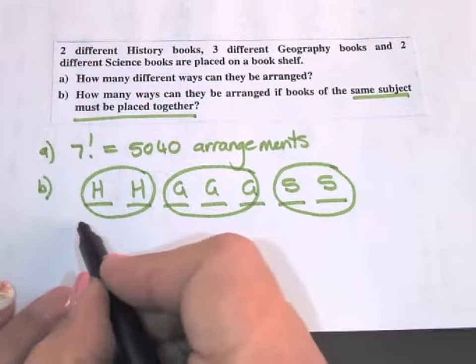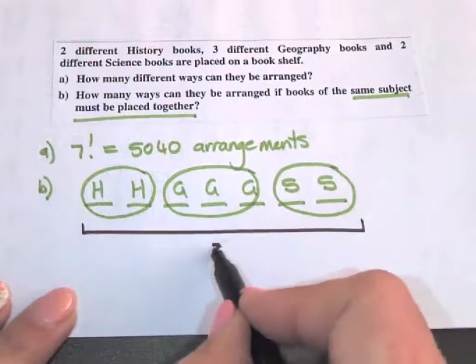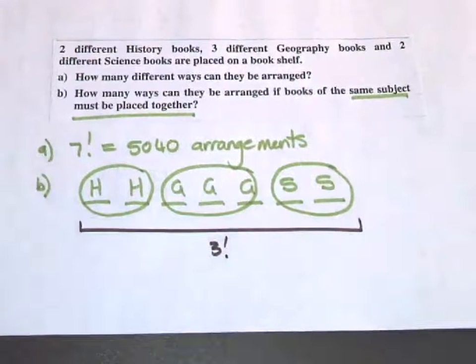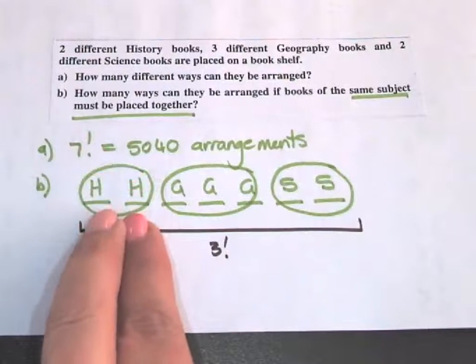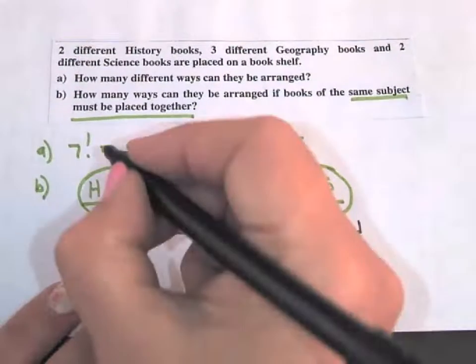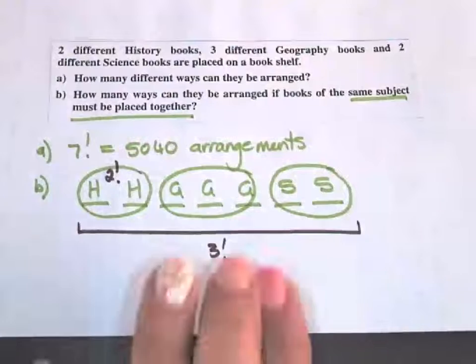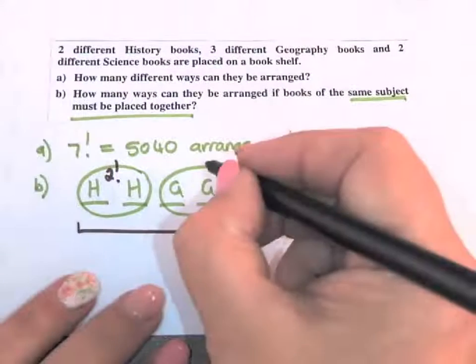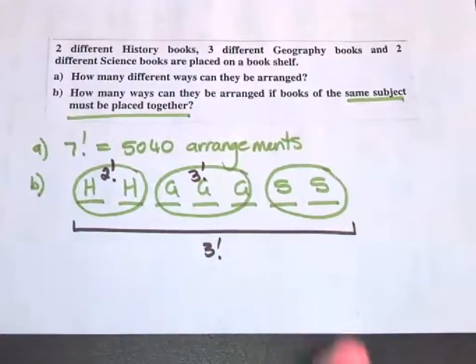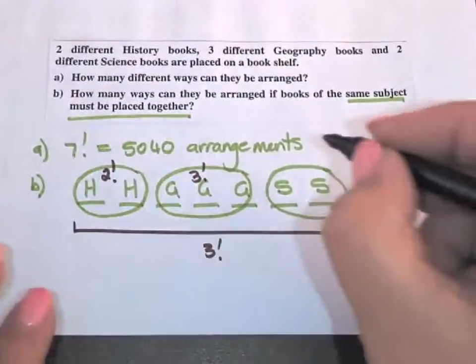3 factorial. So these are 3 factorial. How many ways can you arrange the 2 history books? 2 factorial. How many ways can you arrange the geography ones? 3 factorial. And the science ones? 2 factorial.